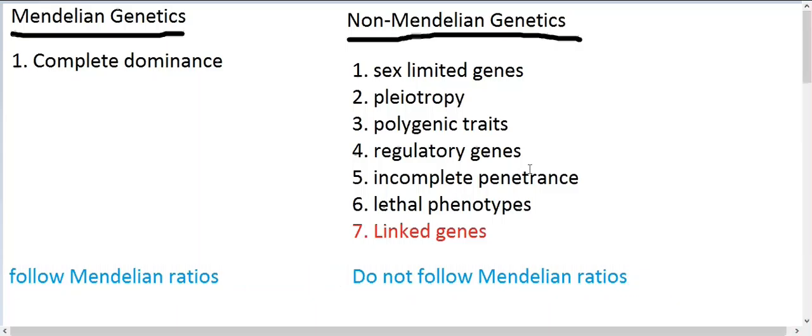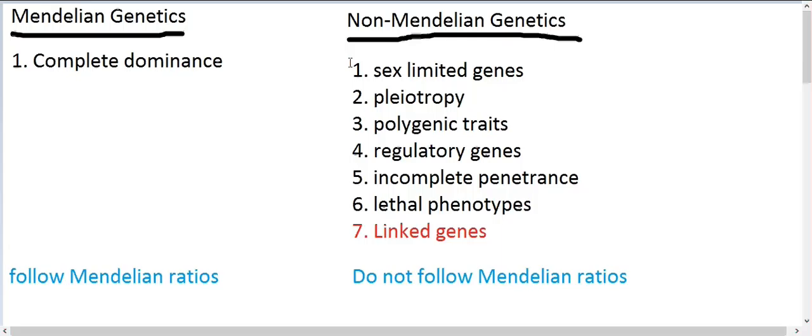So basically anything for Mendelian genetics follows the Mendelian ratios. And anything for non-Mendelian genetics usually does not follow Mendelian ratios, specifically the phenotypes, because in some of these instances the genotypes will look like the expected ratios that Mendel's hypothesis says.